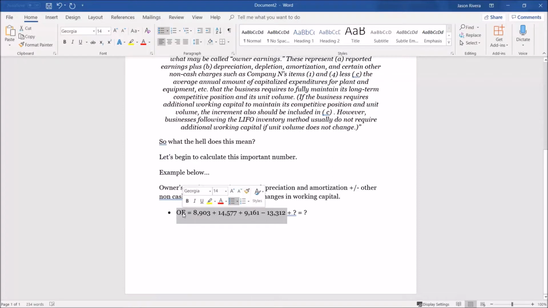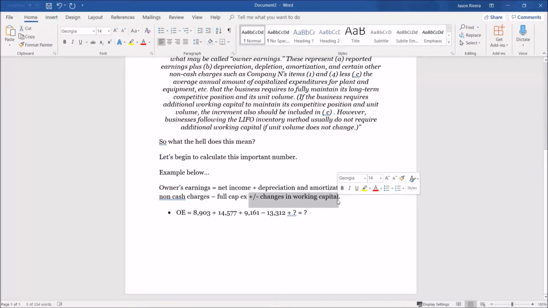Again, very straightforward. Owner's earnings equals net income right here, trailing 12 months, plus depreciation amortization, trailing 12 months, plus or minus other non-cash charges, trailing 12 months, minus full CapEx in the trailing 12-month period. We will calculate this number in the webinar in 2 weeks.